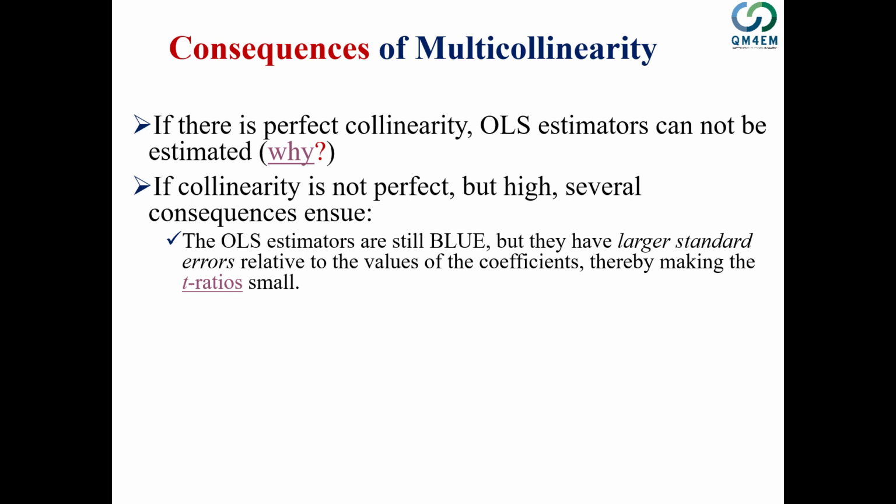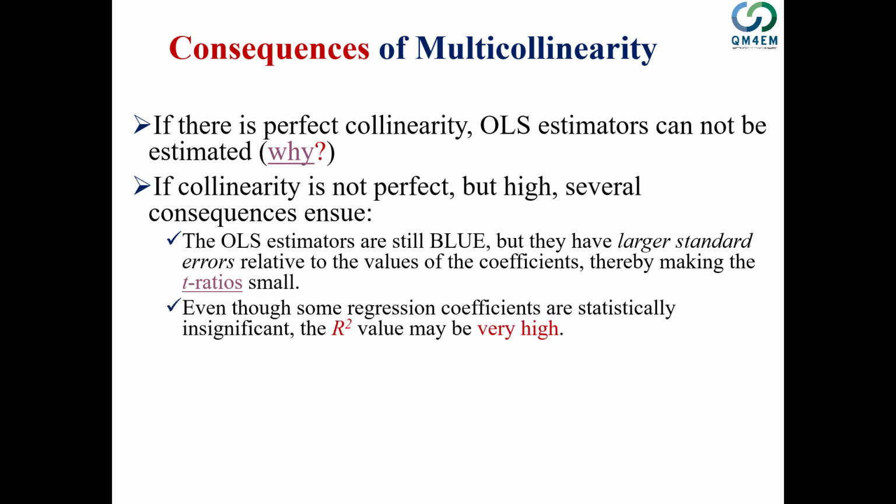The second consequence of multicollinearity is that you get statistically insignificant coefficients despite the fact that your regression model has a high R-square value. So let's say you have data with a problem of multicollinearity, and you run the regression model.